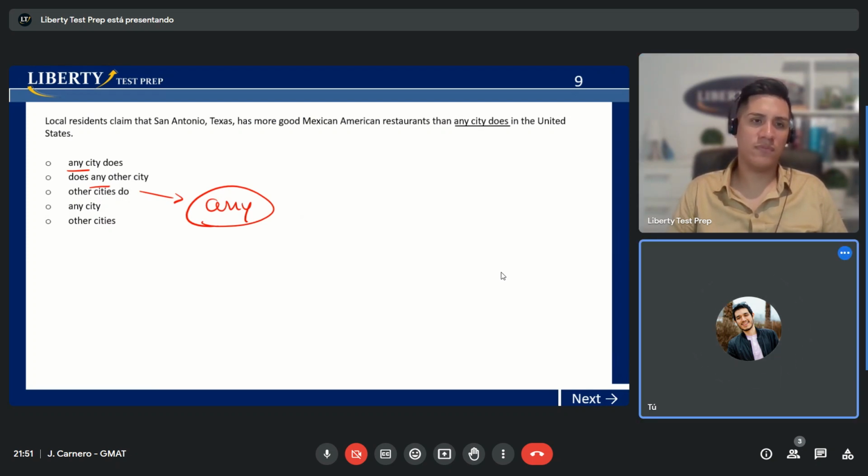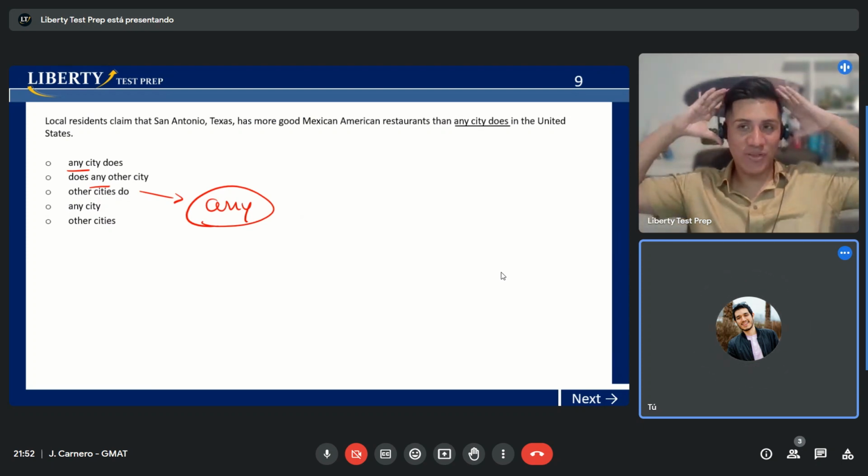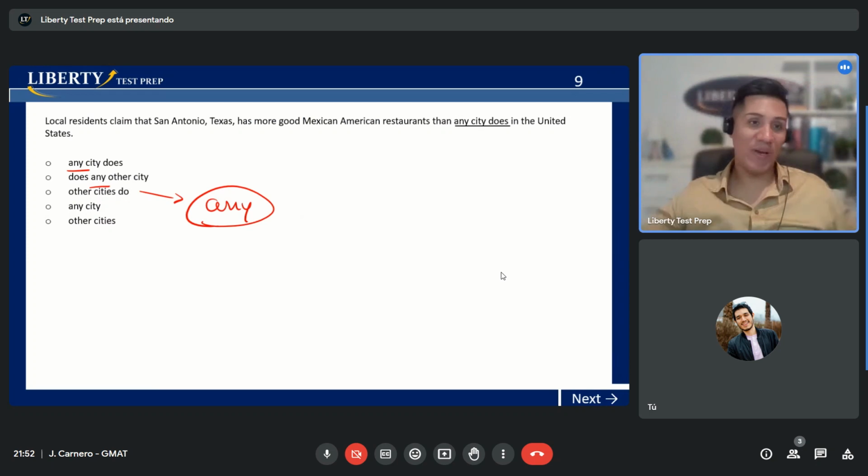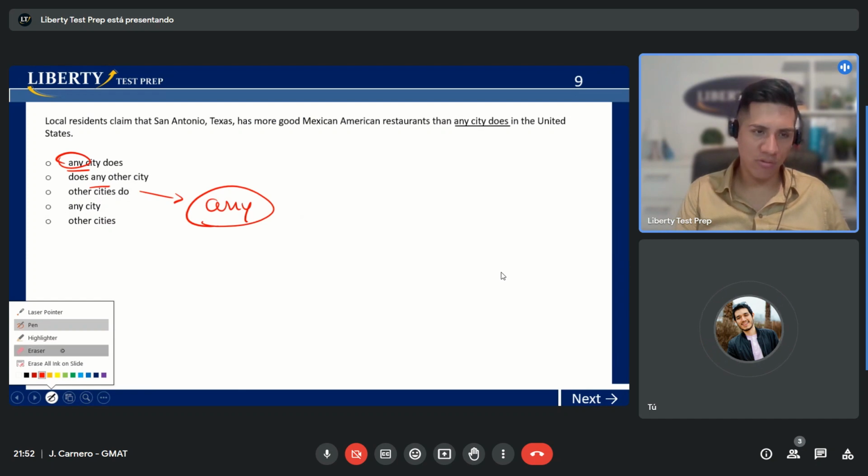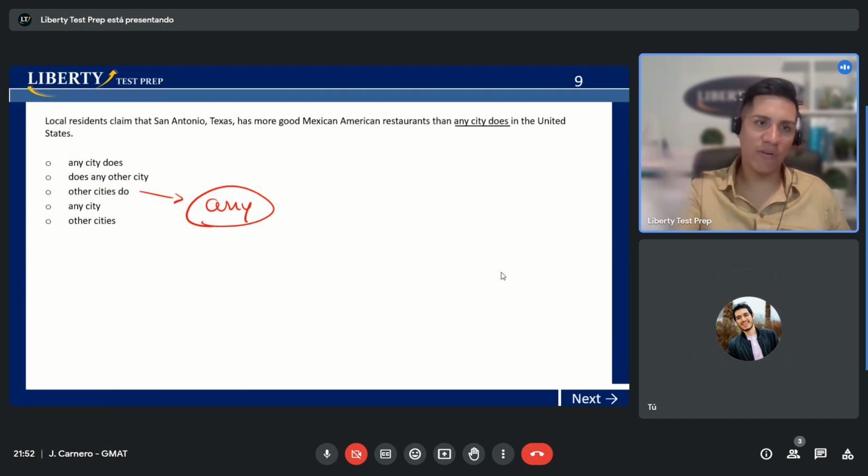Any other city... I don't know. I don't remember. Let's see. We start with the premise that if any is fine, then we don't want to remove it, right? Well, we want to remove it because if we remove any, we will change the meaning. Now, do you think any adds any value there? It's adding meaning or it's nothing?